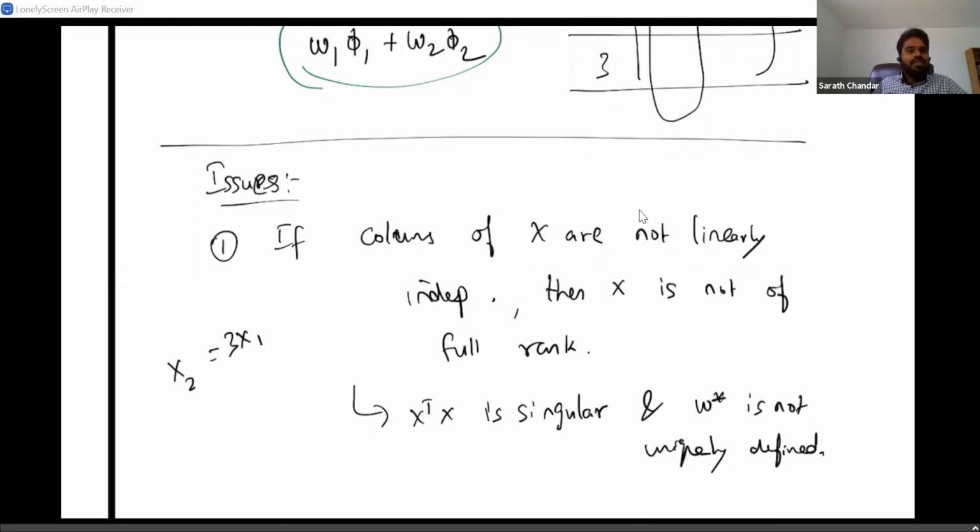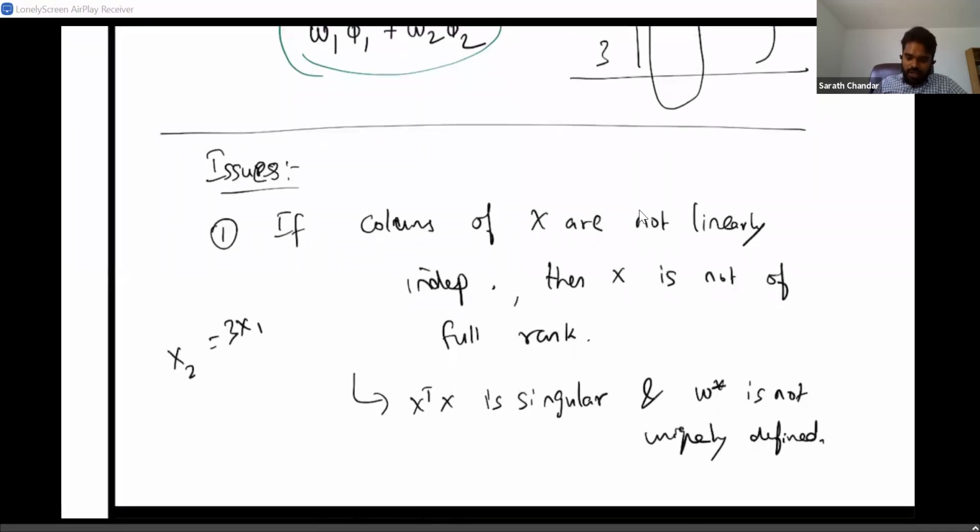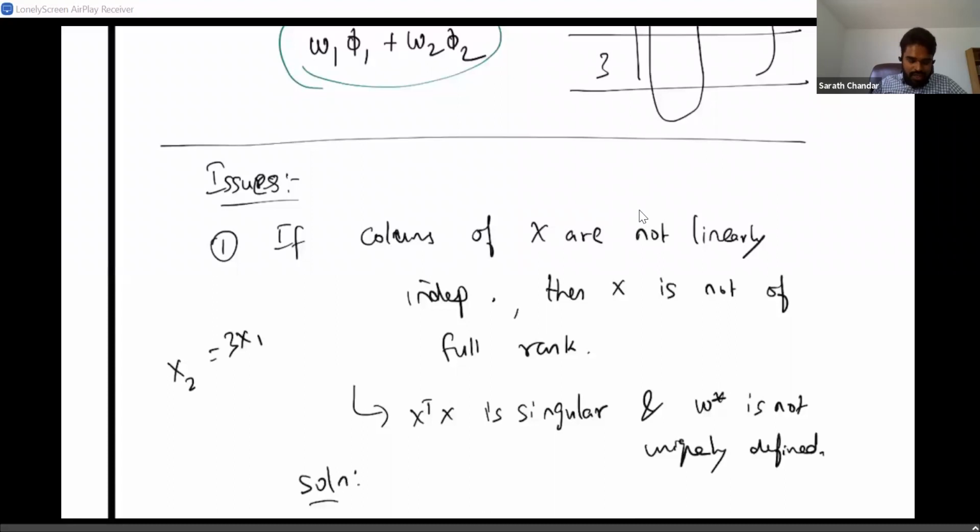There is an answer in the chat, which is to choose one of the features. In some sense, the solution is to deal with the redundancy by filtering out the redundant features. That is the first issue.